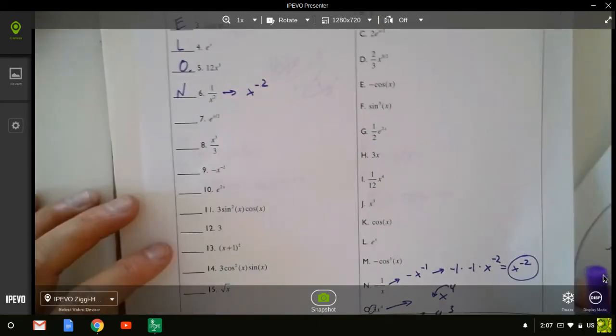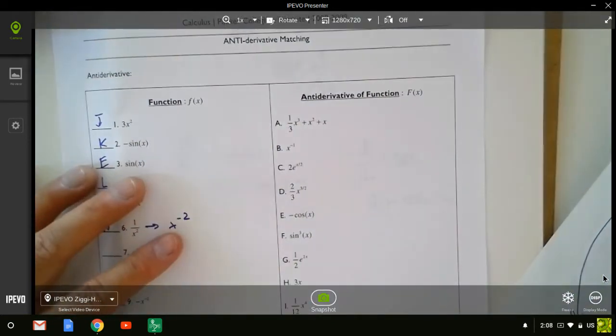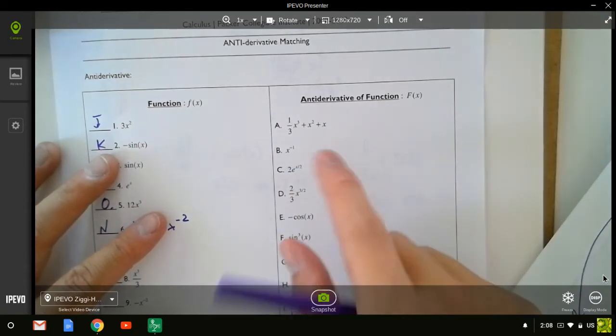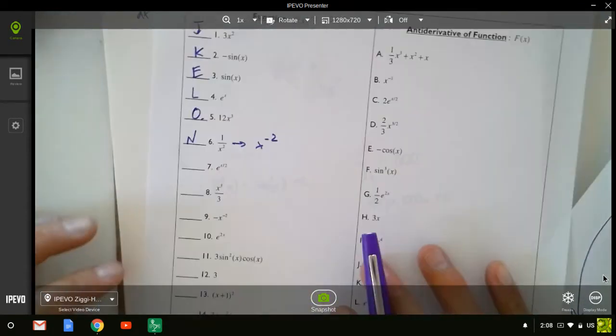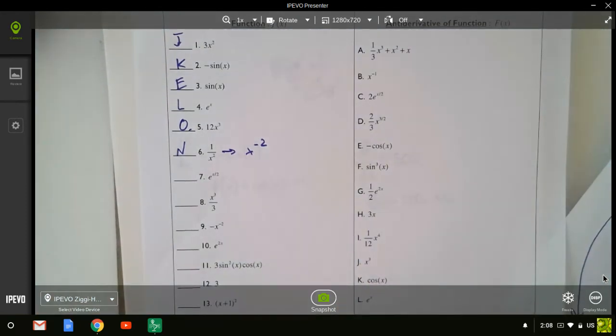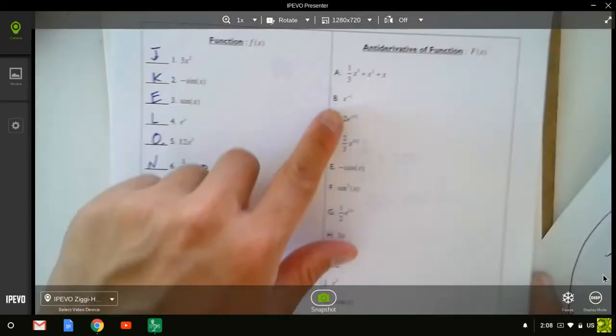If it helps, you won't always have this option, but you could also take the derivatives of these antiderivatives and match them here. But it's better to try to think backwards for these ones, okay? Take the derivative of the antiderivative? Yeah, but you won't always have the option to do that.